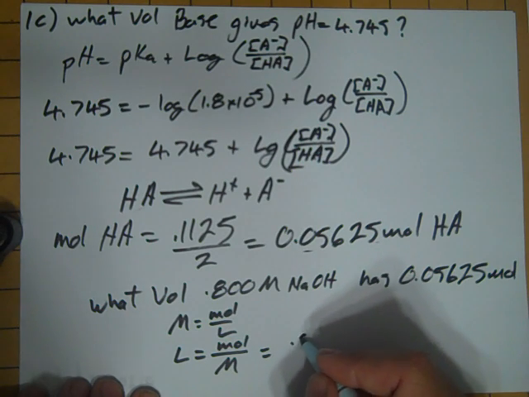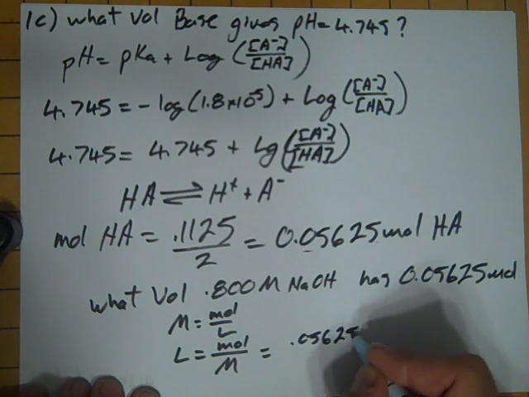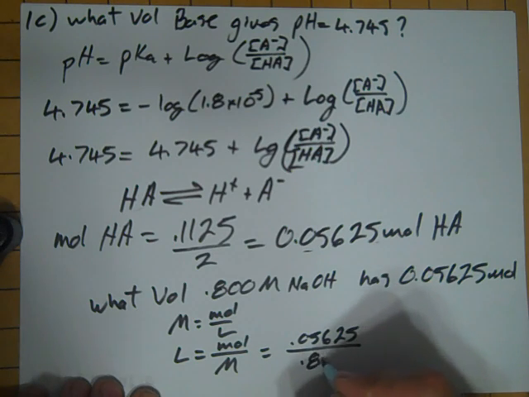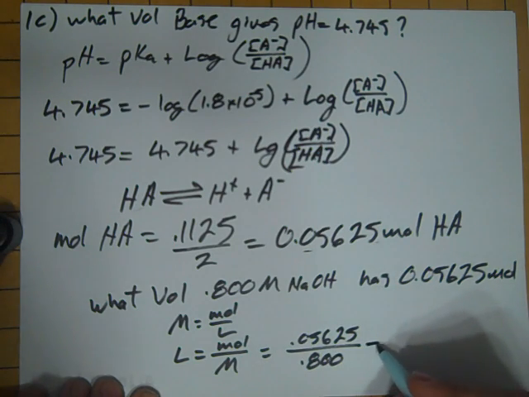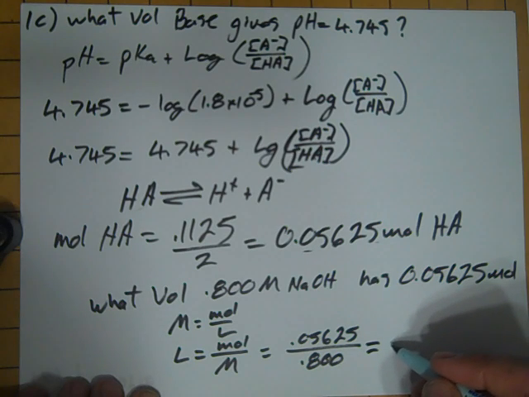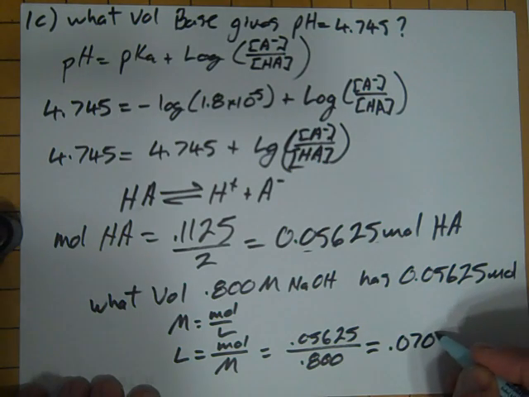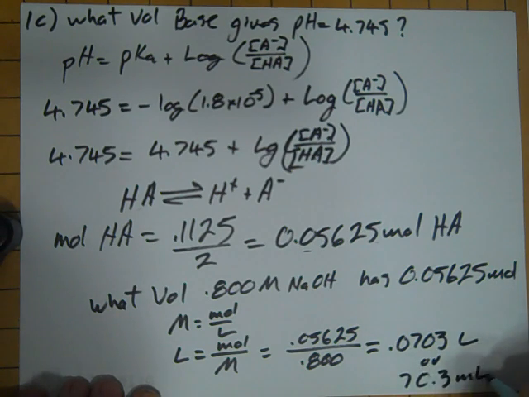I need 0.05625 divided by 0.800 moles per liter. So that means I need 0.0703 liters, or 70.3 milliliters. As long as you have the unit, either one is fine.